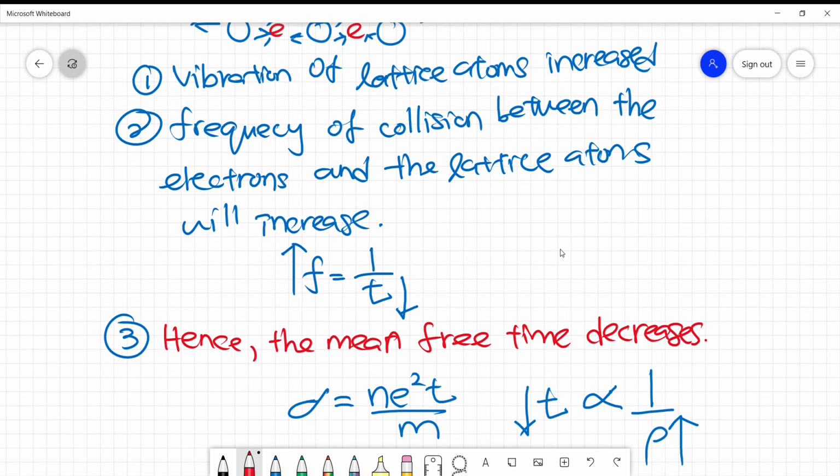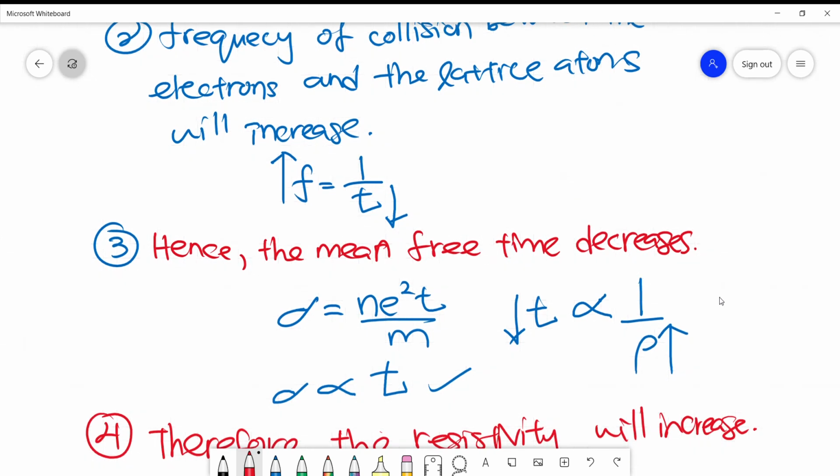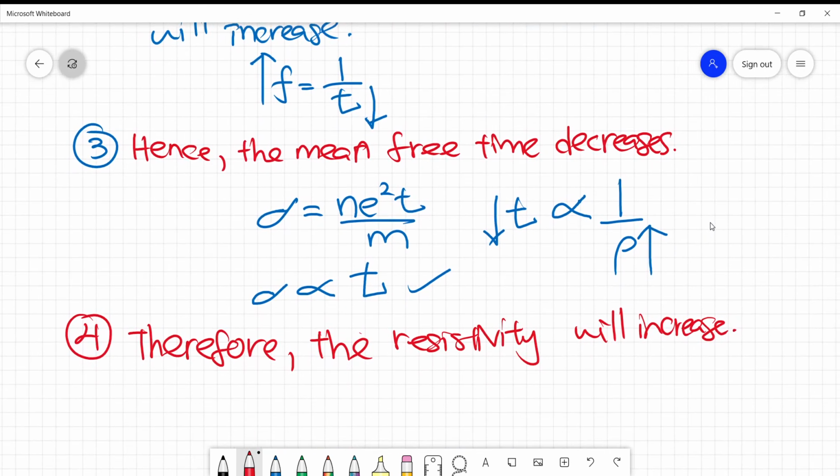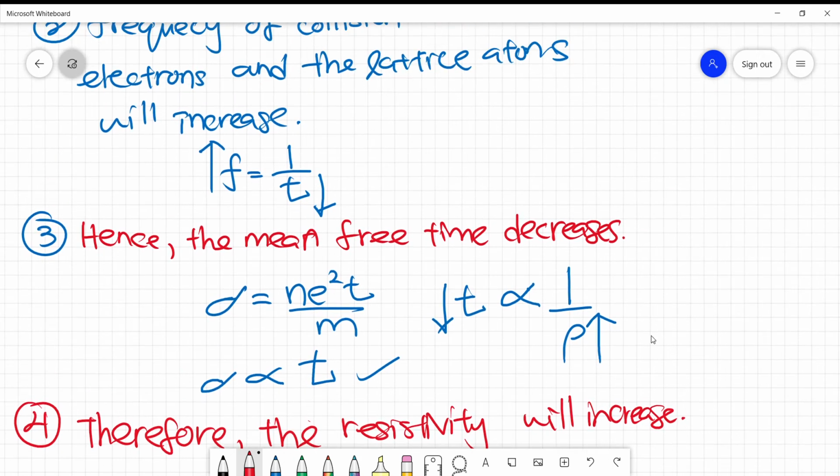Hence, the mean free time of the free electrons between collisions with the lattice atoms will decrease. The decrease in the mean free time causes the resistivity of the wire to increase. So this is the overall concept that we have.